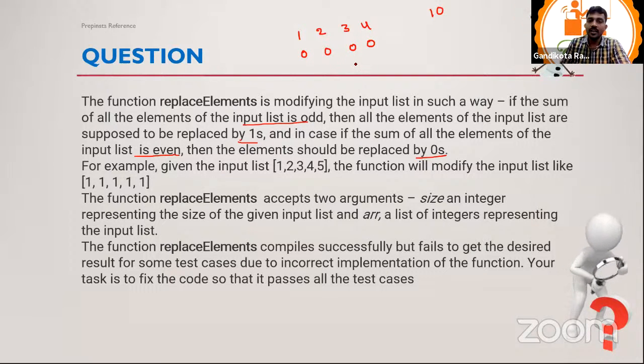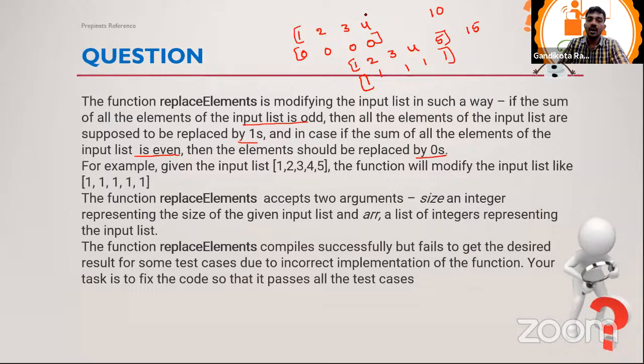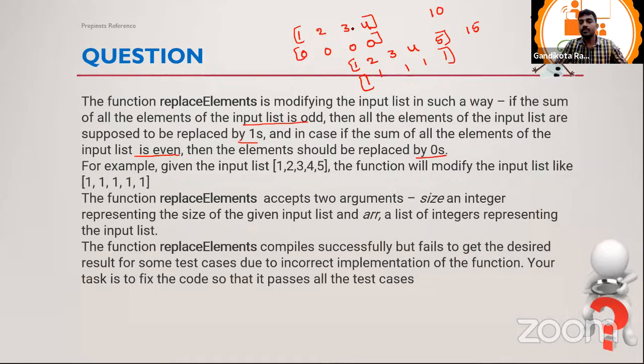If it is an odd number, you take 1 2 3 4 5, the sum is 15, right. If it is 15 then you need to replace with 1, so 1 1 1 1 1. You should replace the list with 1. Is this clear ma? Is this clear how they are doing it?